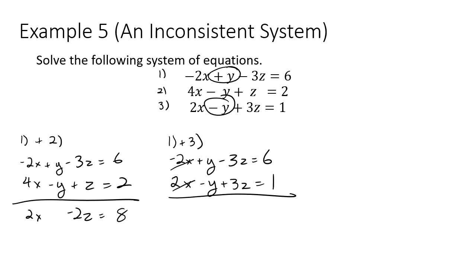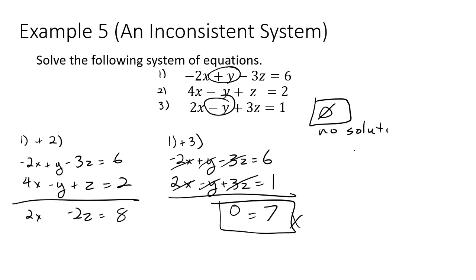And this time around, the x's cancel, the y's cancel, the z's also cancel, and we get 0 is equal to 7. That's actually all it takes. If at any point along the way you get something that looks like this, something that is just not true, then the answer is no solution.